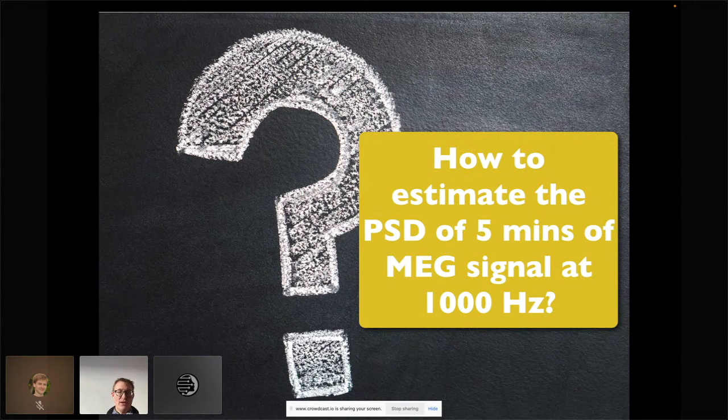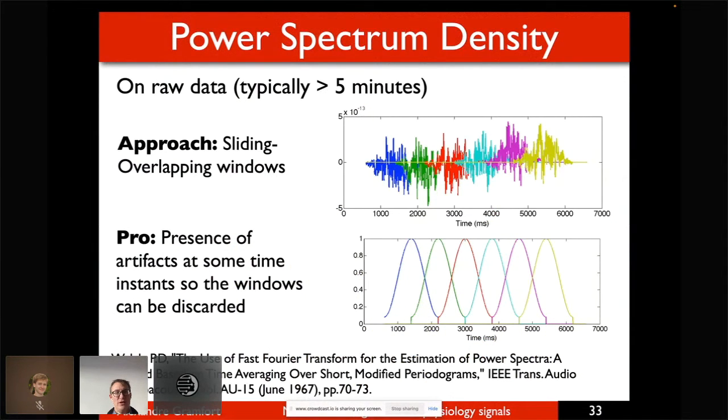So the way power spectral density is typically obtained on long recordings is using something called the Welch periodogram. Periodogram is the name for the estimate of your energy as a function of the frequency.